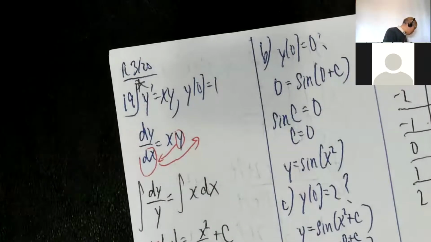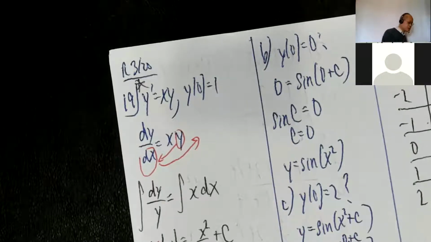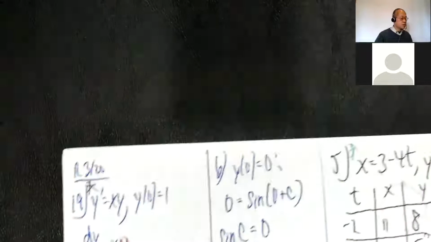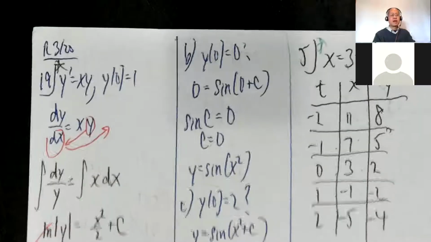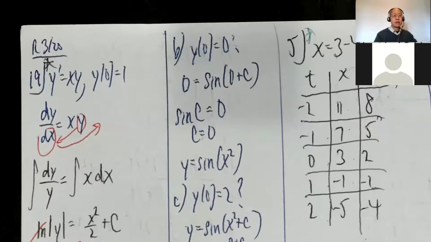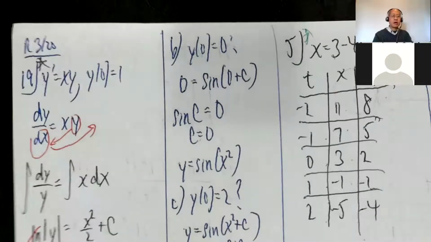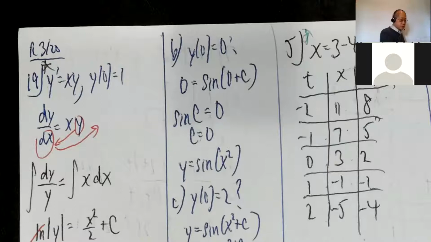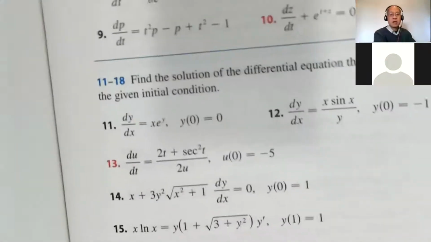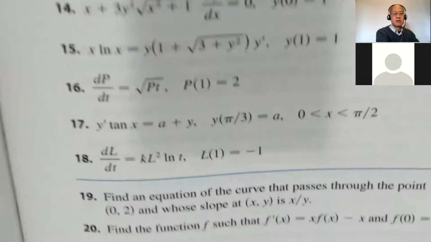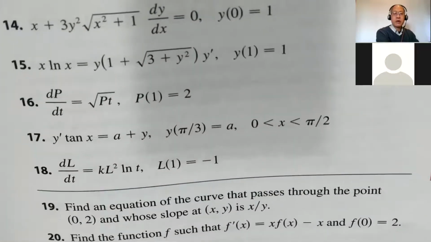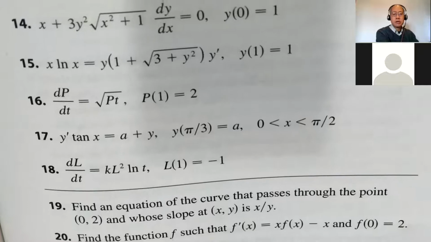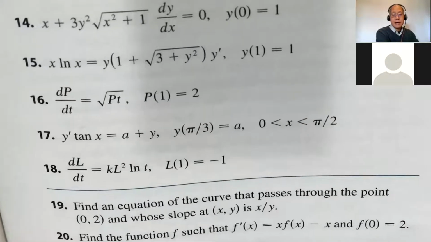Okay, so that's 17. I'm going to show you 19 star, which is not quite our 19, but it's sort of similar. In the previous edition, y prime is equal to xy, y of 0 is 1. Showing you the language. For 19, find the equation of the curve that passes through the point 0, 2, whose slope is x over y.